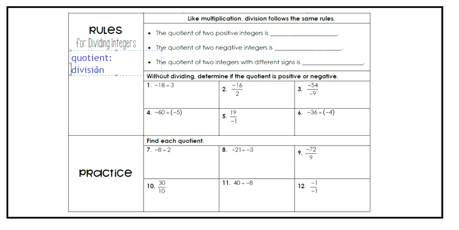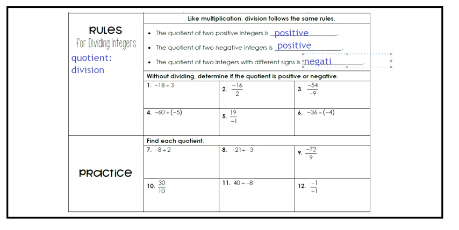That's one thing you need to know: quotient just means division. The quotient of two positive integers is going to be positive, just like when you multiply two positives, it's positive. The quotient of two negative numbers is positive. And the quotient of two integers with different signs is going to be negative.